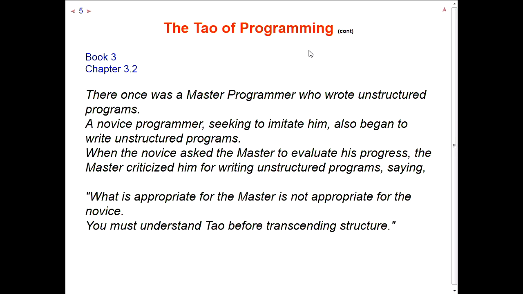A novice seeking to imitate him also began to write unstructured programs. When the novice asked the master to evaluate the progress, however, the master criticized the student for writing unstructured programs, saying, what is appropriate for the master is not appropriate for the novice. You must understand DAO before transcending structure.